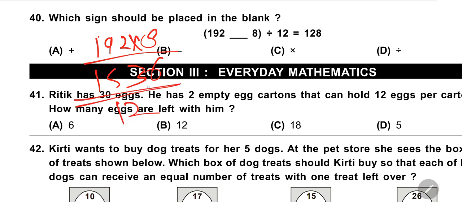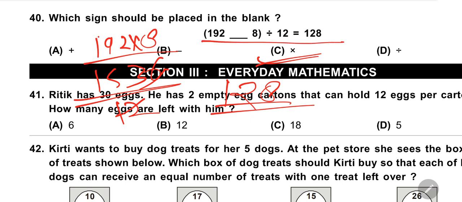When you divide by 12, 12 1 times 3, carry 33. 12 2 times 24. 33 minus 24 is 9. So it becomes 96. 12 8 times 96. So our answer should be multiply. It means when we apply multiply, our equation is correct.